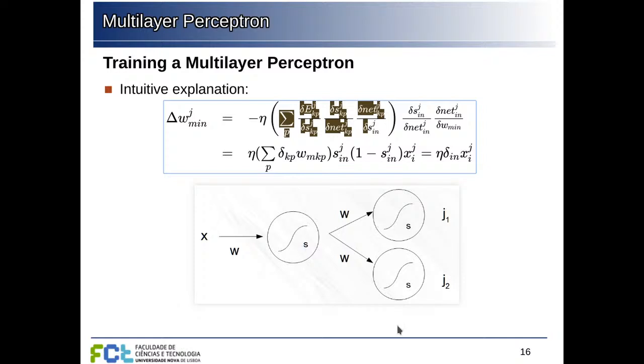So as many neurons as we have in front, that would be the number of terms in this sum here. And then we propagate through the gradient of the activation function of this hidden layer neuron and all the inputs that are passing here for the different weights that we are going to update.